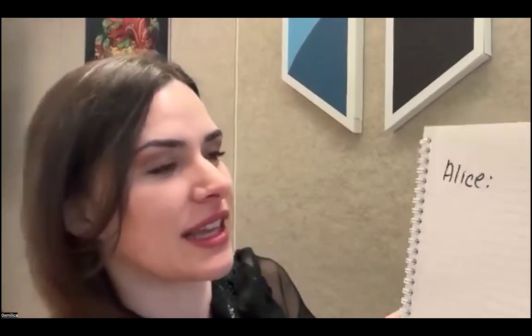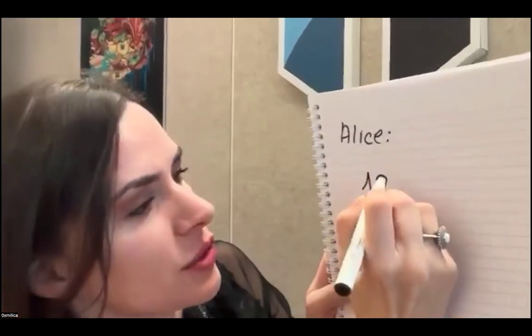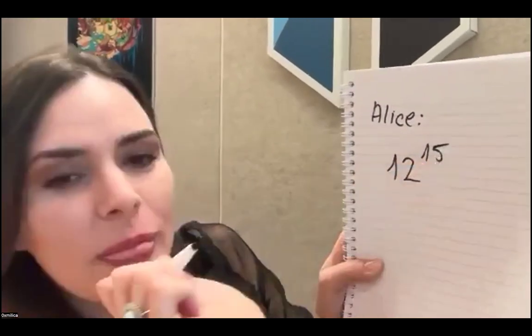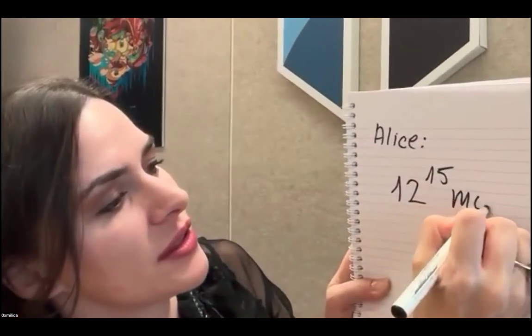Alice will take Bob's public result 12 and her private key that she randomly selected in the beginning, 15, and she will calculate 12 to the power of 15 modulus 17.